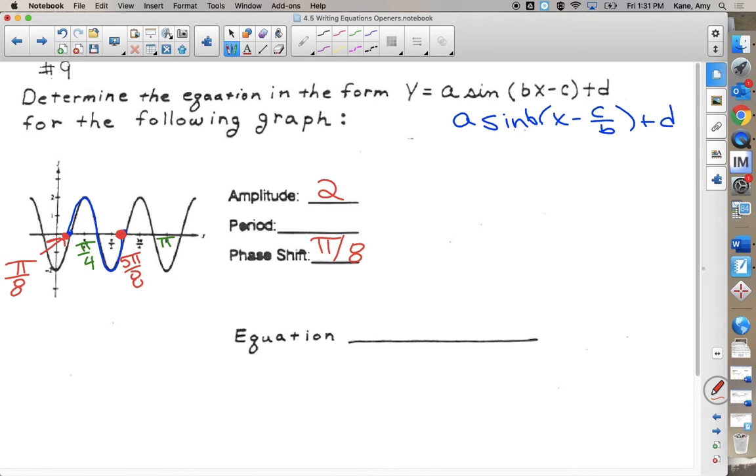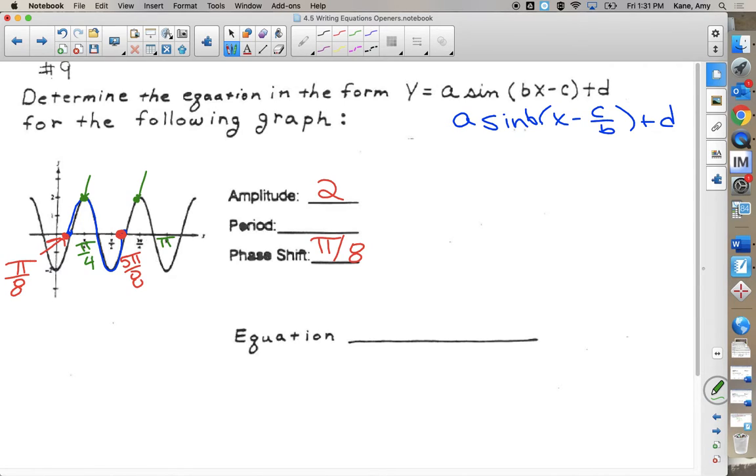Kevin? If it's easier, can you find the period for the cosine graph? Yes. That's what I did. If it's easier to look at, you can find the period for cosine. So if you say it's easier to find the period of cosine because we have a pi over 4 and a 3 pi over 4, the periods are the same because both of them spin around the circle once, which is 2 pi.